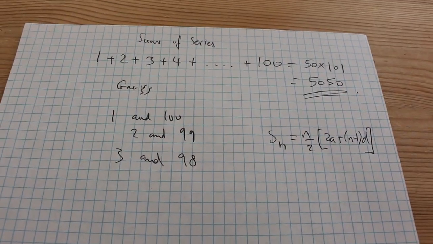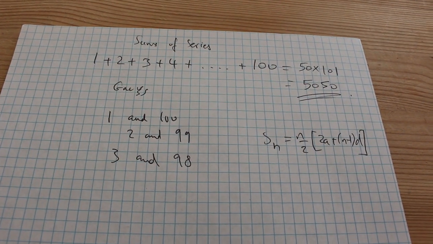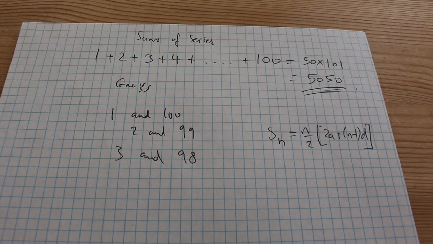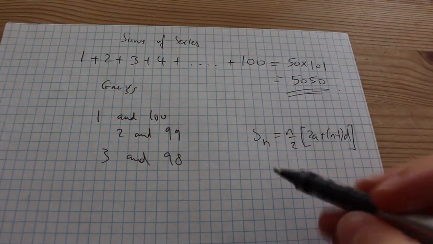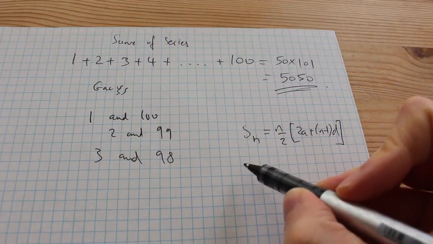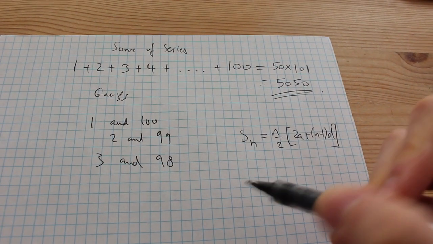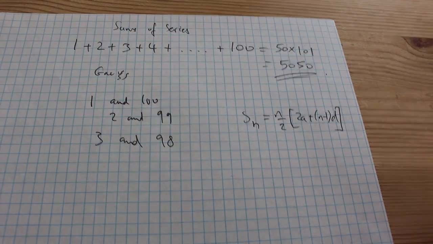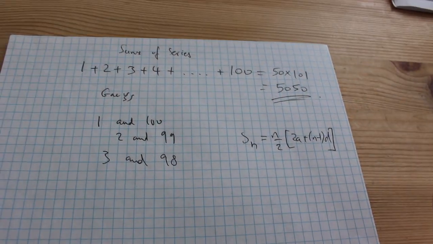Except what Gauss did has to be modified slightly, because we don't know for certain that n is even. So if n is odd, that's why in the proof of this formula we double the sum, because that ensures we have an even number of terms, and then we can use this Gauss trick to do it. So that's where the proof of that formula comes from.